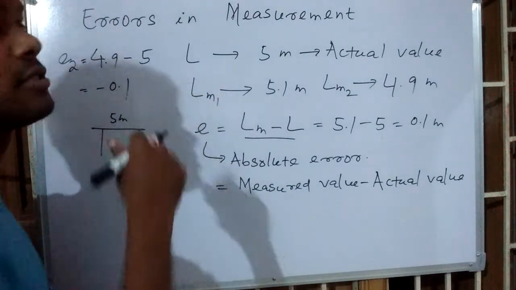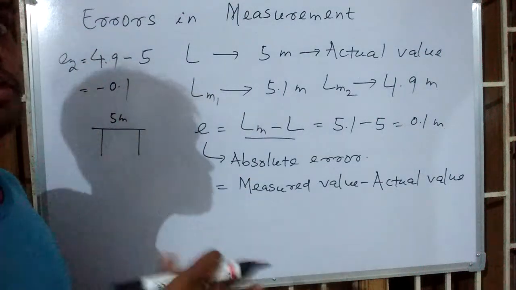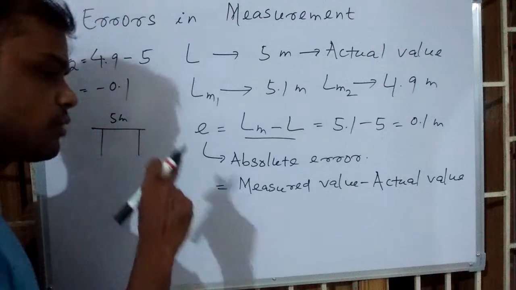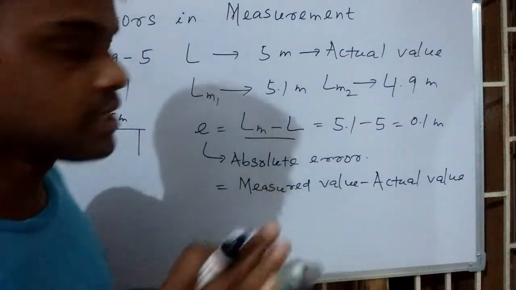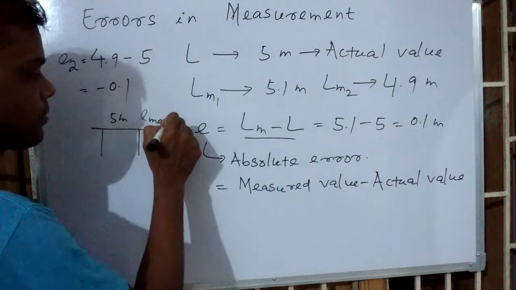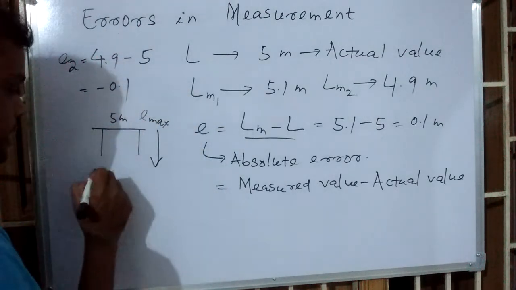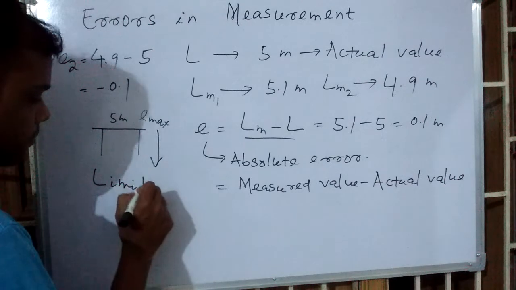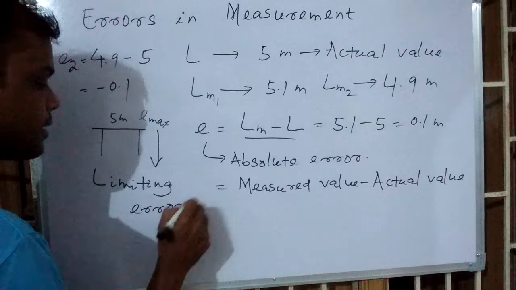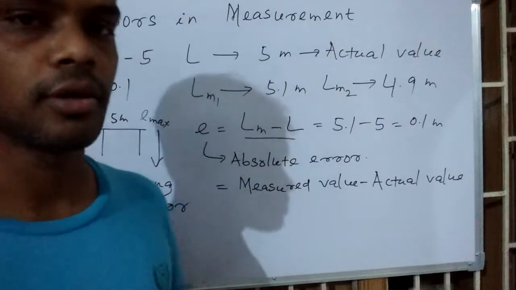But if it is coming 0.2, then there is a question mark how the error is 0.2 if it is marked as 0.1. So he will avoid such misunderstandings and obviously specify the maximum error, Emax. That maximum error is called limiting error. That means the maximum possible absolute error is called limiting error.